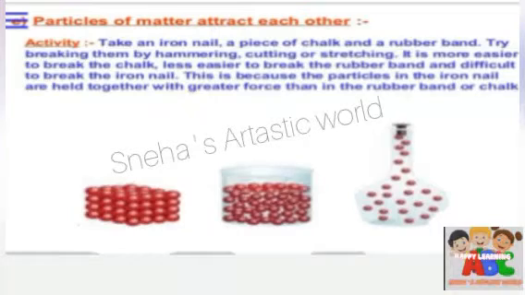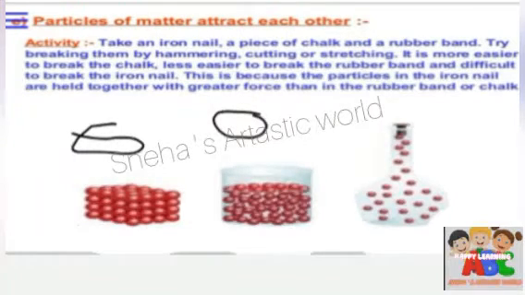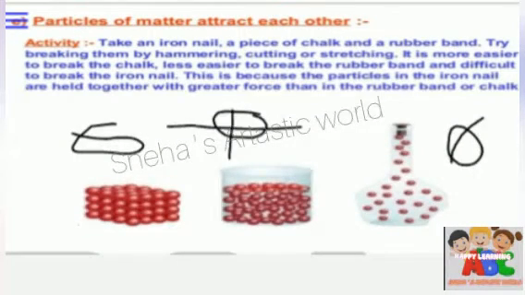You can do one activity. You take an iron nail, a rubber band and a piece of chalk, and try to break them. You can easily break the chalk piece, but you cannot easily break the rubber band and iron nail, because I already told you solid particles have very strong attraction to each other.